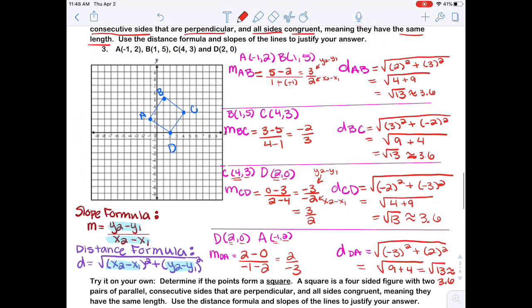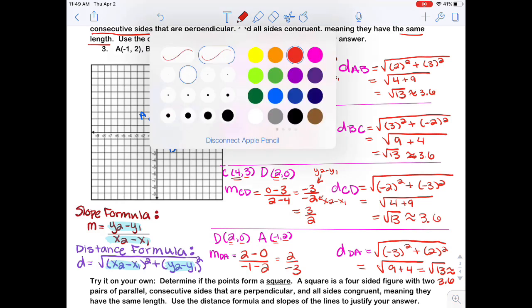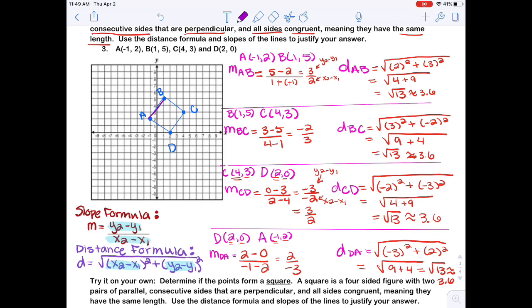So we have to check and make sure, is this a square or not? Well, are opposite sides parallel? So I'm checking to see, is AB the same slope as CD? Well, AB was 3/2, and so was CD. So yes, those are parallel, okay?